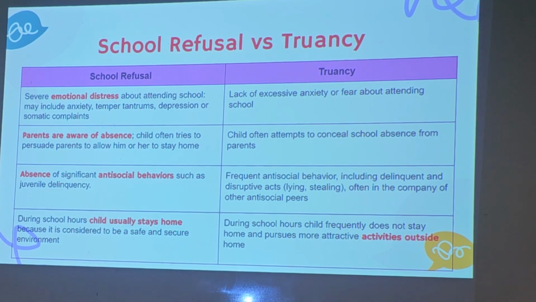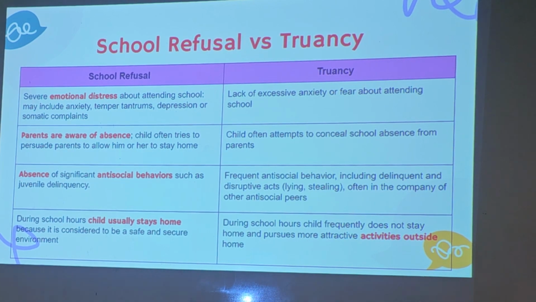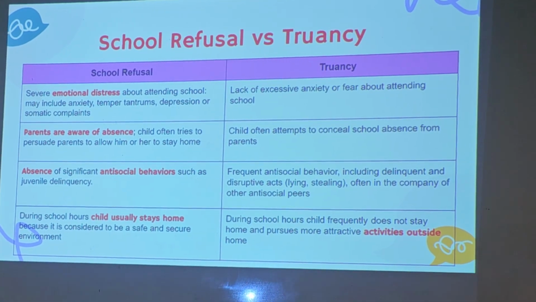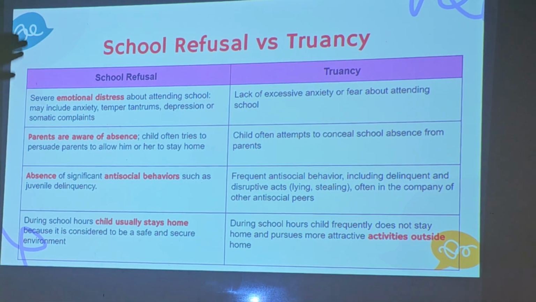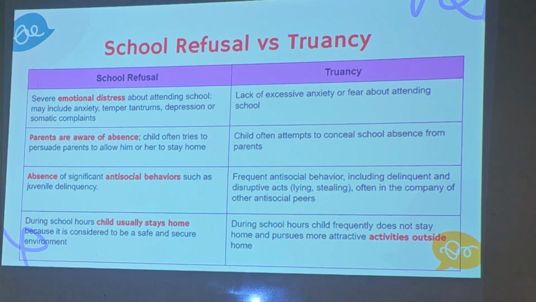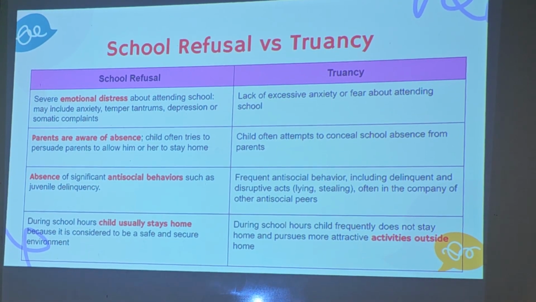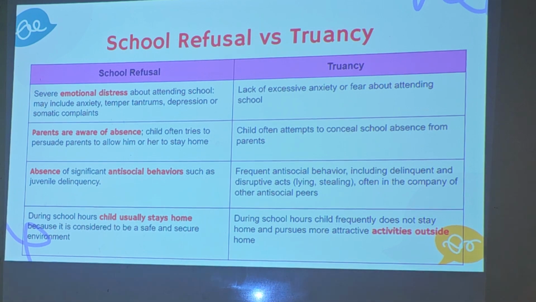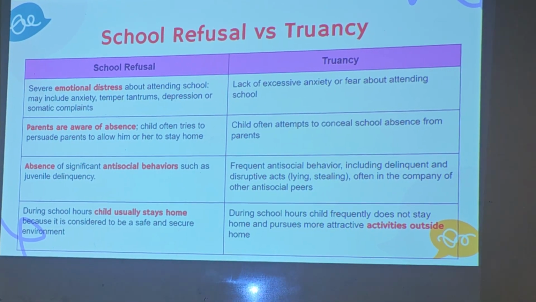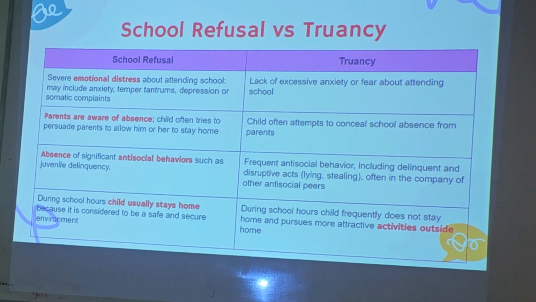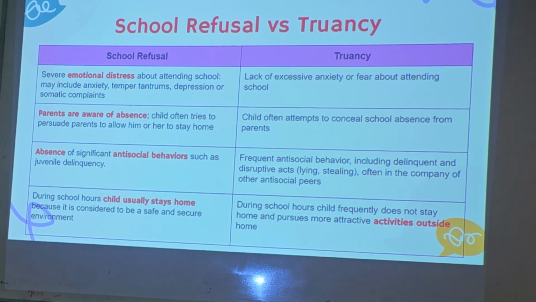In school refusal, there are no significant antisocial behaviors, one example being juvenile delinquency. So you wouldn't see that here, but in truancy you would more or less see it, with behaviors like lying, stealing, and, like I mentioned before, rebellious activities.